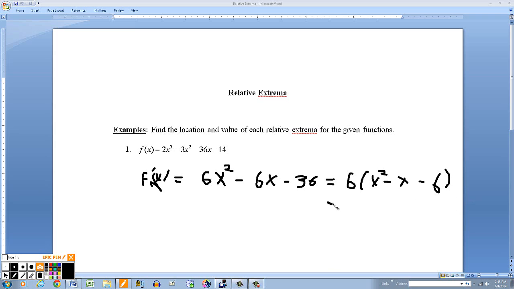And then basically it's like solving this quadratic equation. When is this equal to 0? So I'm just going to factor it. This factors into x minus 3 and x plus 2.